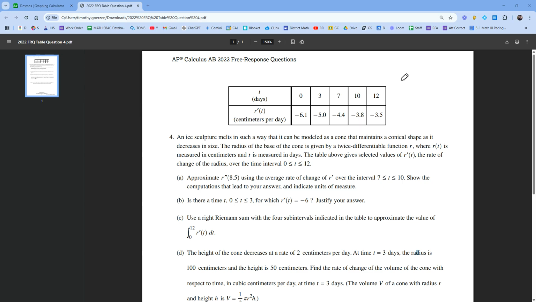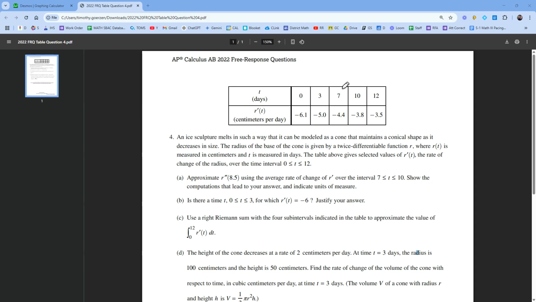So to find the derivative, that means slope. And the formula to find slope with 2 points is y2 minus y1 over x2 minus x1. So the y values are going to be your r prime at t. So we're going to go negative 3.8 subtract negative 4.4.